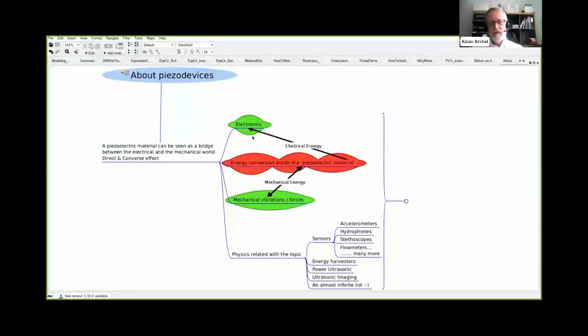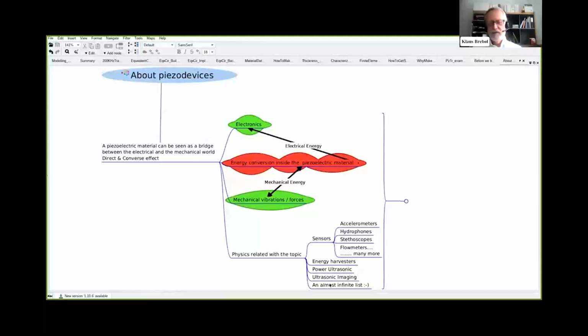So in order to handle this, we need people who know about electronics. We need some materials people that know about piezoelectrics, and then also someone who can tell us about mechanical vibrations. And then on top of that, we have physics related with the particular topic we're dealing with, for instance, sensors or energy harvesters, power ultrasonic emitting.